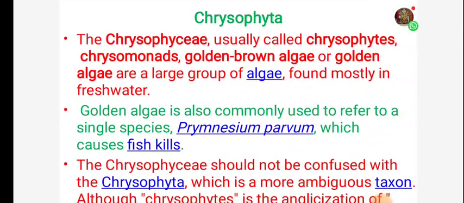Then in Chrysophyta, Chrysophyceae is usually called chrysophytes. These are golden brown algae or golden algae. Mostly they are found in fresh water, and the term golden algae also refers to a single species, Prymnesium parvum, which causes fish kills.